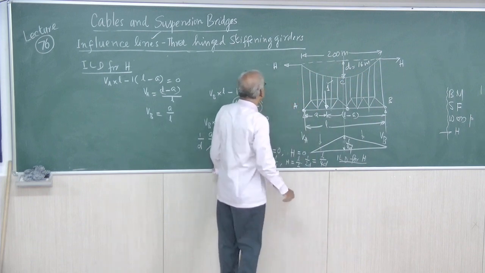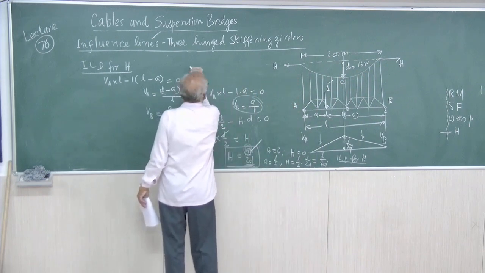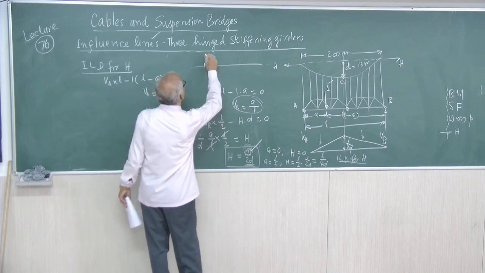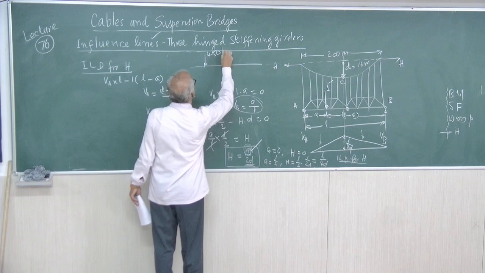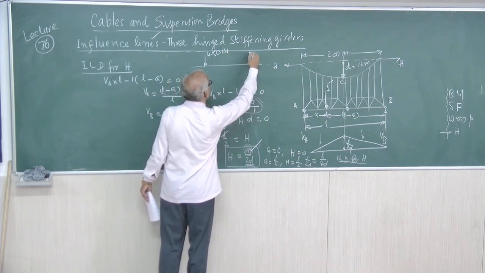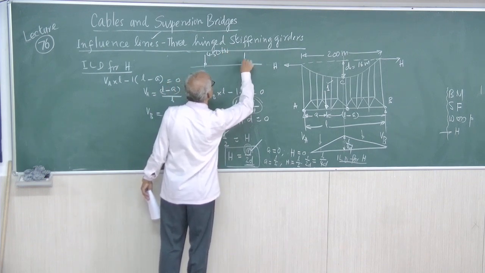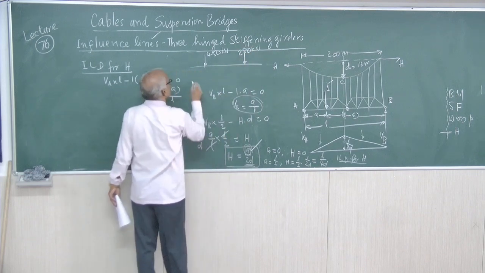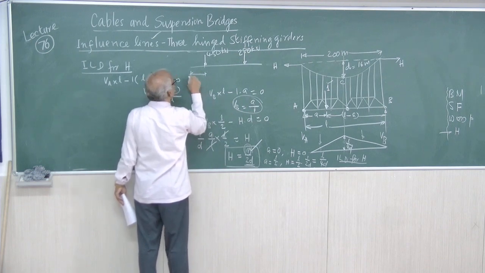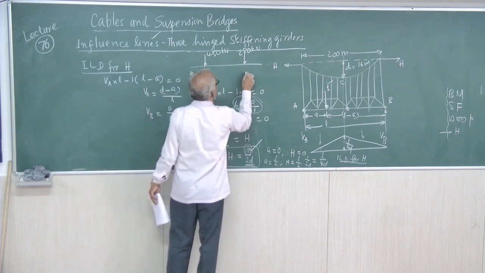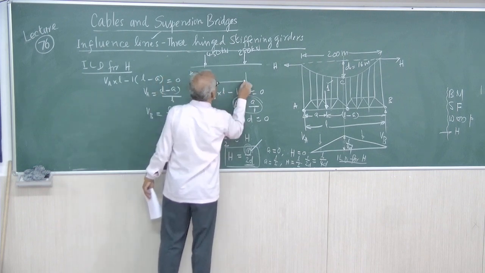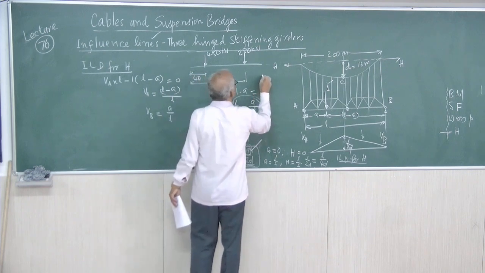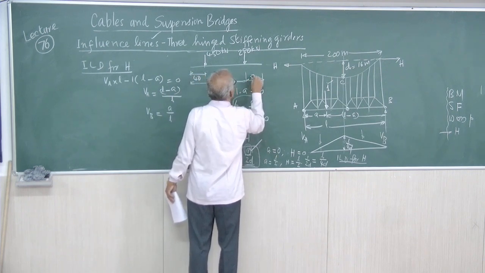There were two loads: one load of 450 kilonewton at a distance of 40 meters, and another load of 280 kilonewton at a distance of 150 meters. So from the right hand side, it is a distance of 50 meters. This is the problem that we have done earlier.